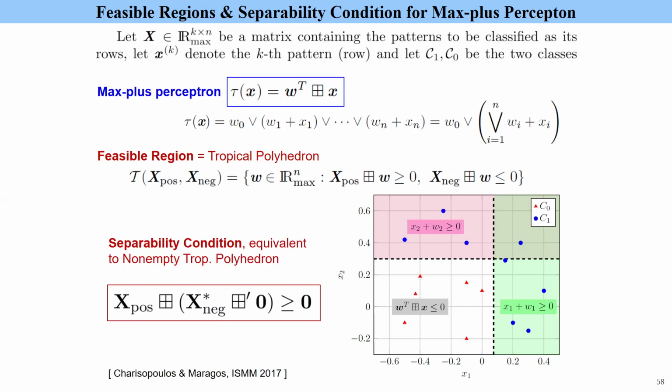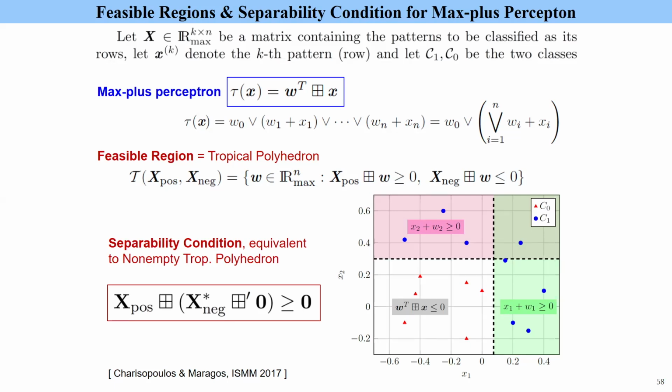Then if we are to separate them with a max-plus perceptron, we're looking to find a tropical polyhedron, actually. We're looking to find a vector W so that the tropical polyhedron formed by the corresponding tropical half spaces completely separates the positive from the negative examples. This is possible if this separability condition is satisfied.